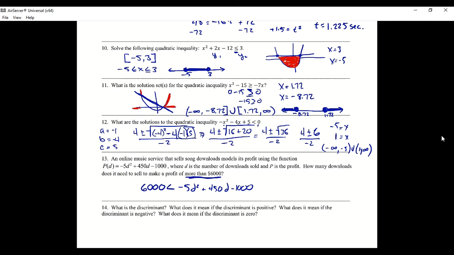And we have -5x squared, again, plus 450x minus 1,000, and then y2, 6,000. Now, because y2 is 6,000, we need to go immediately to window, and we're going to set our y max to, say, 6,200, so we can see our line.